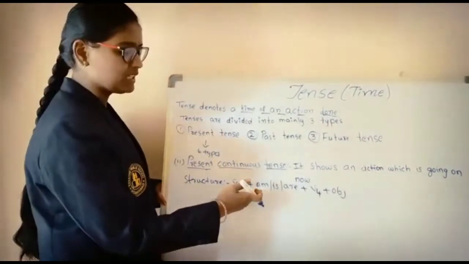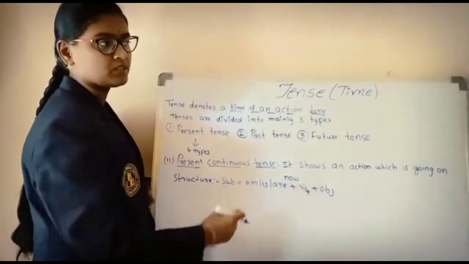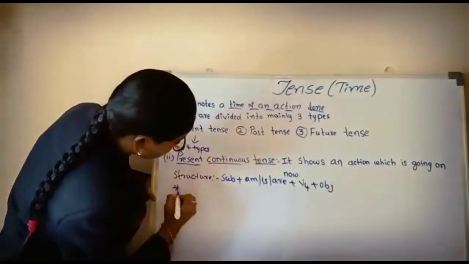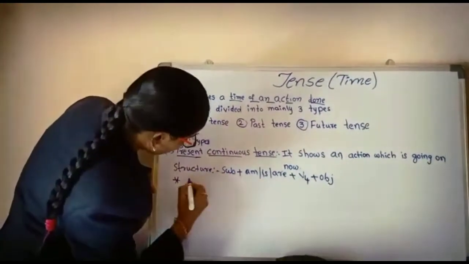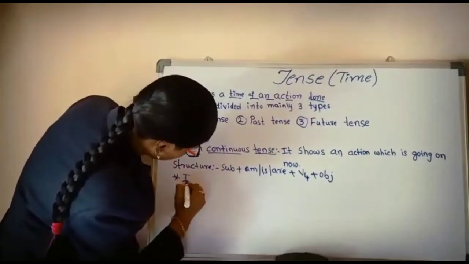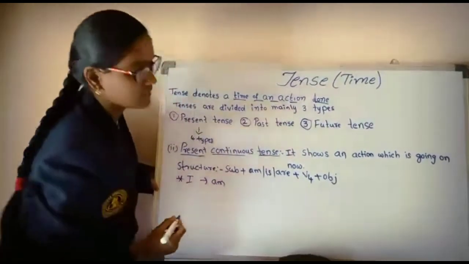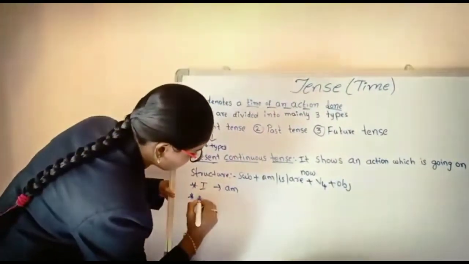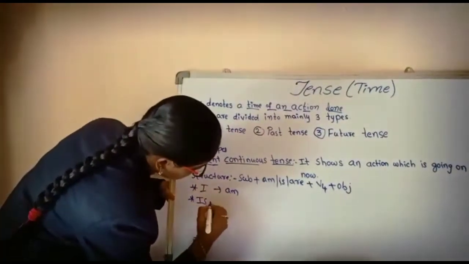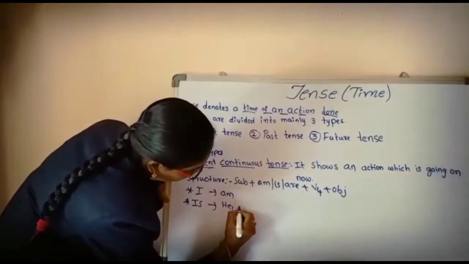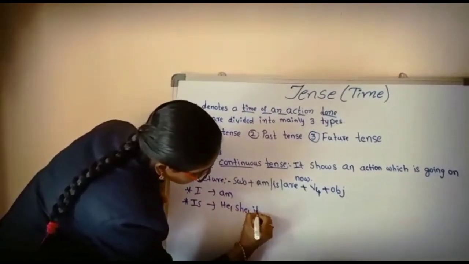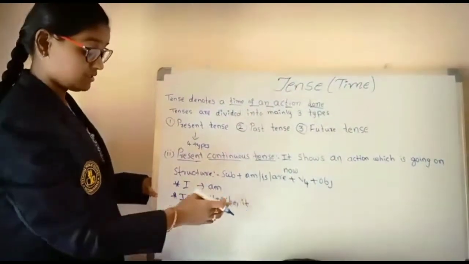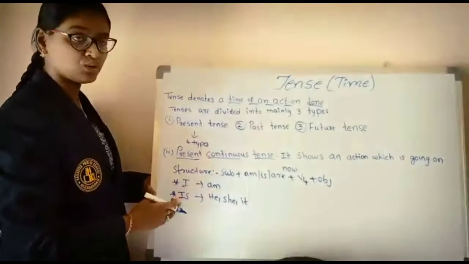Now see when we use am, is and are helping words. When the subject is I, we use am. When the subject is he, she, it, we use is.